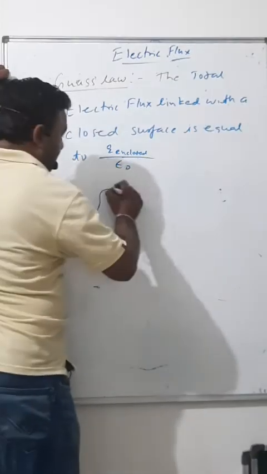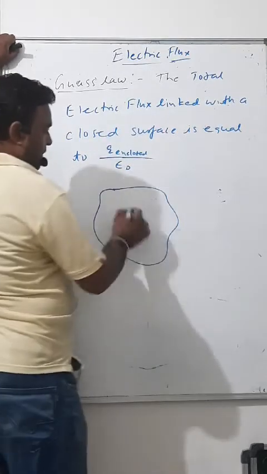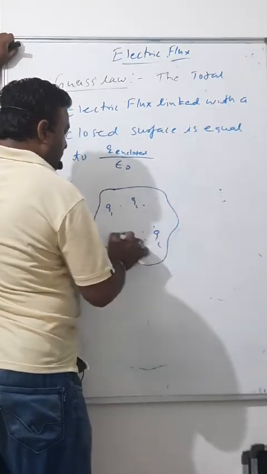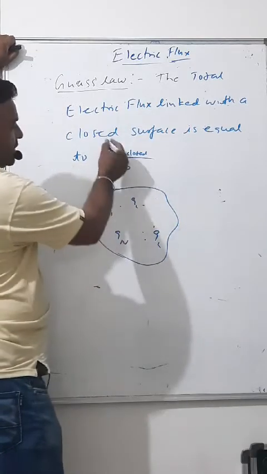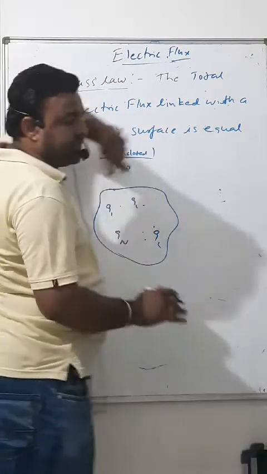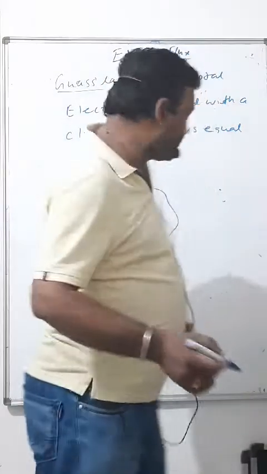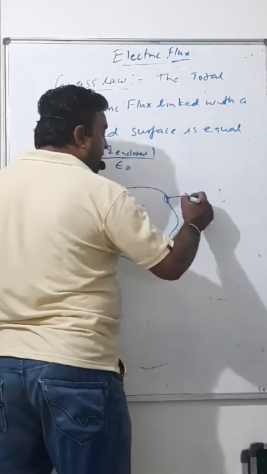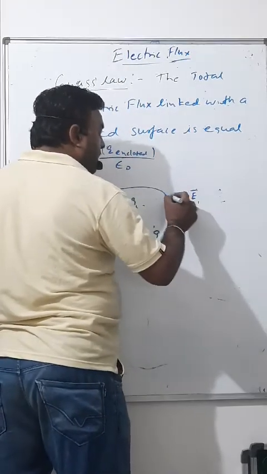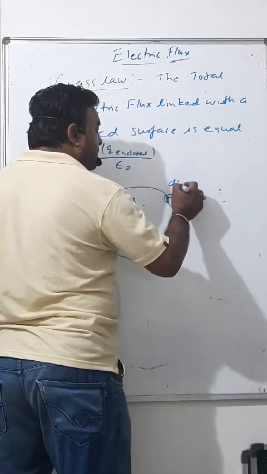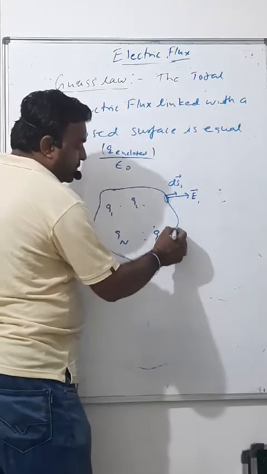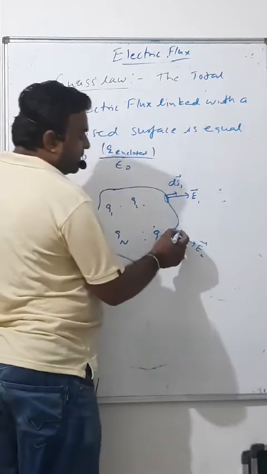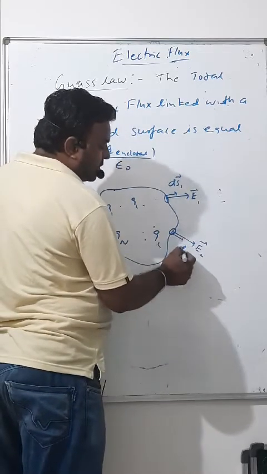This is a surface which is closed. There are some charges Q1, Q2, Q3, and so on. Total charge Q enclosed, whatever it will be, the algebraic sum. Now at this point, if I have some electric field E1 and this area is ds1, at this point I have electric field E2, I can have different values, and here it is ds2.